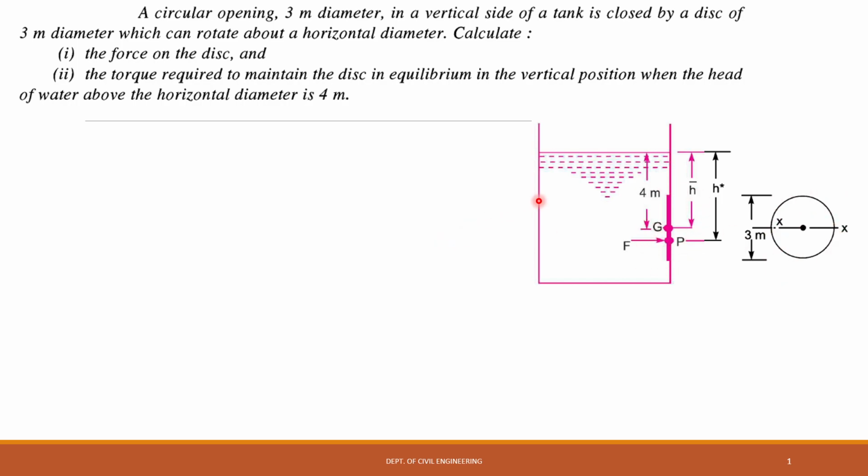So that water will not be going out, and it is said that this disc can rotate about a horizontal diameter. Which is the horizontal diameter? See, if this is the disc, this is the horizontal diameter. X is the horizontal diameter, and this disc can rotate about the horizontal diameter.